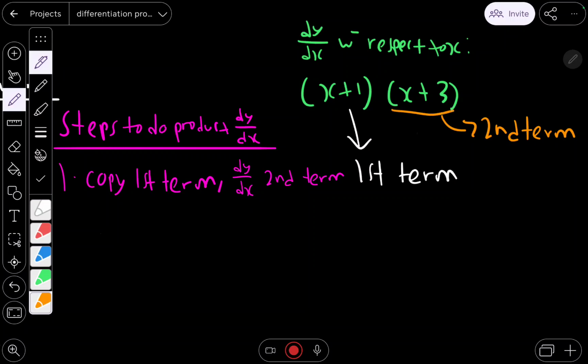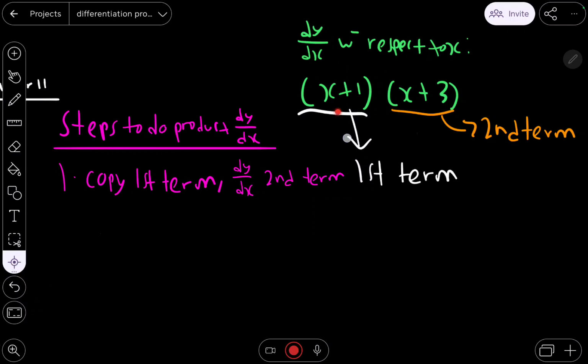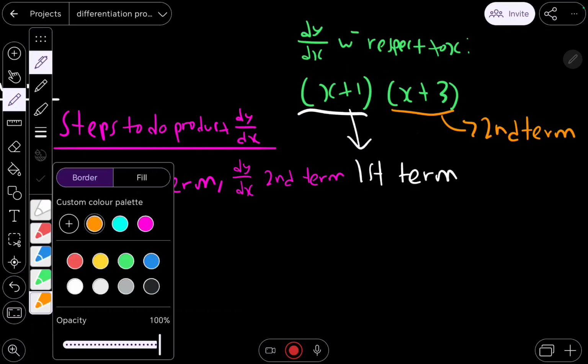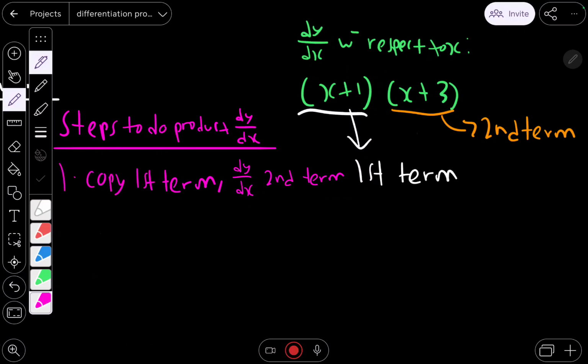Okay, so what do I mean? If I do this question, first I will copy this term x plus 1, and then I will differentiate this term. This is just like an example question. So that is what I meant by copy first term, differentiate the second term.